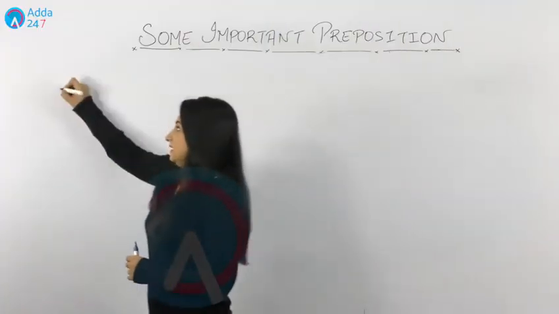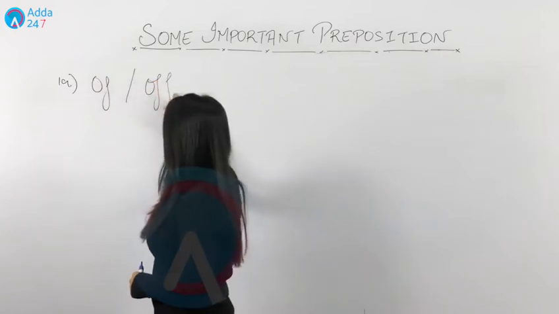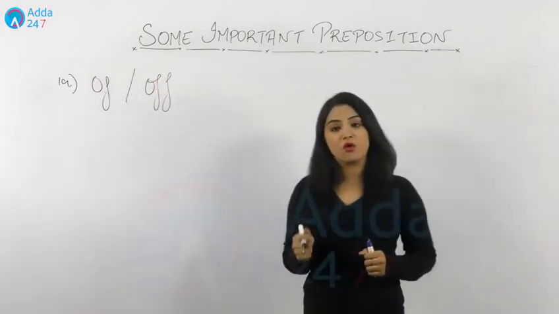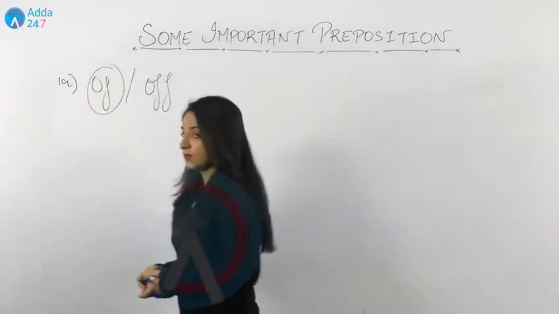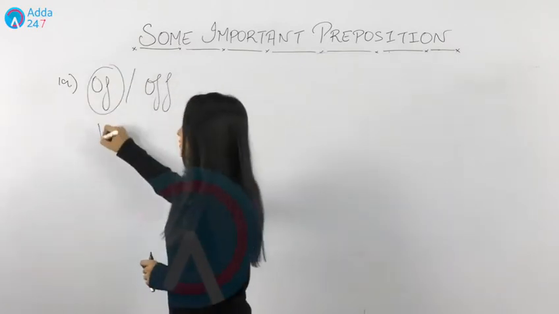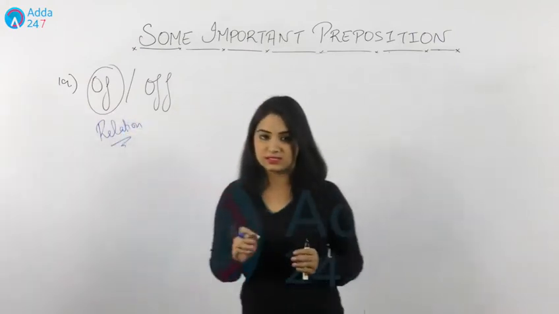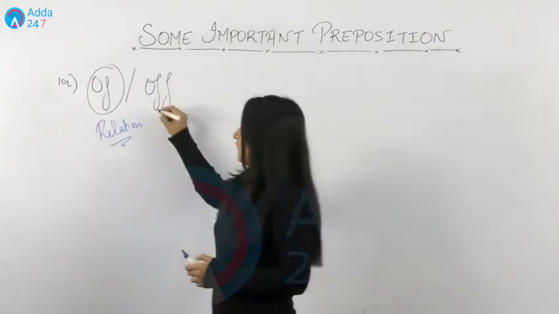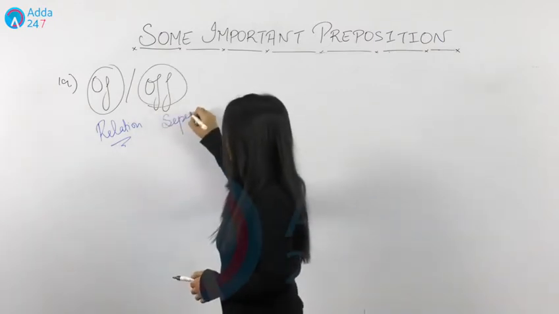Now the next is the 19th one, and it is the difference between of and off. What is the difference between those? Now see, when we have of given, it will always show the relationship between the two things. But when we have off, this shows the separation.